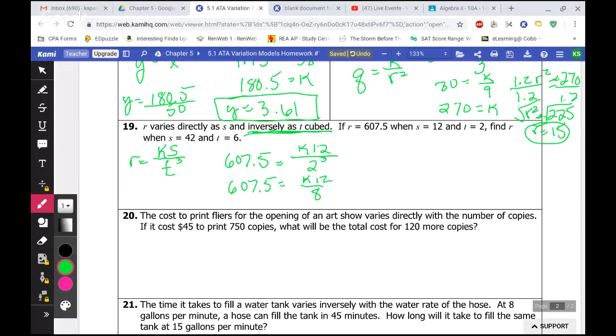And I get 4,860. And now I'm going to divide both sides by 12. And I think I should get 405. 405 is K.